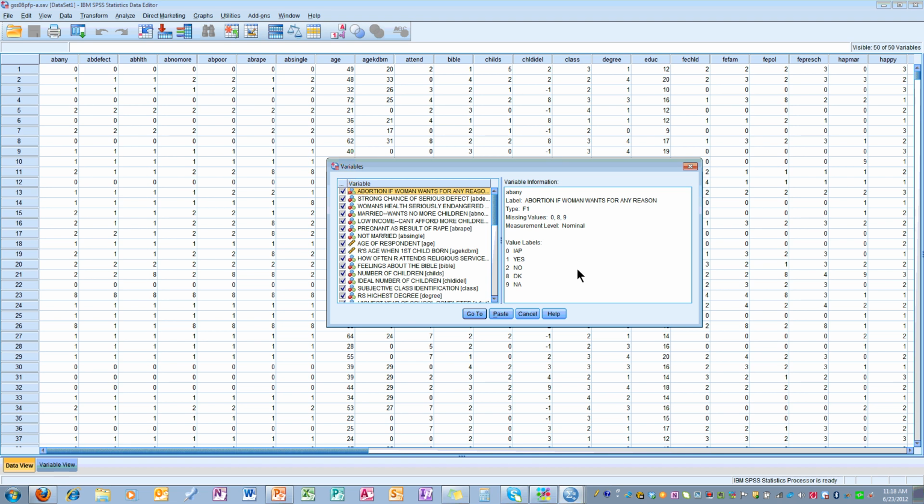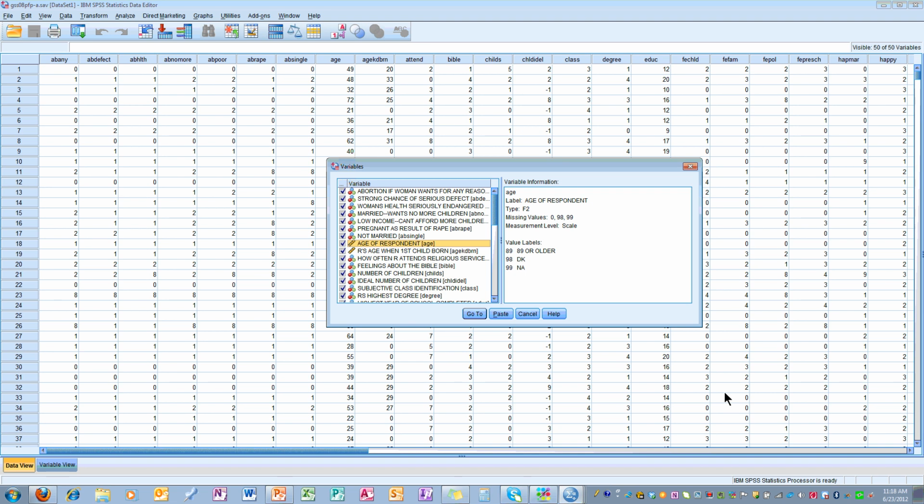In contrast, age of respondent, where people could respond by just reporting their age, this type of data is referred to as either interval or ratio data, based on your review and understanding of Chapter 1.